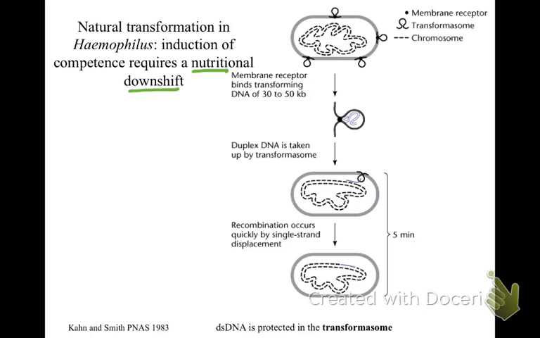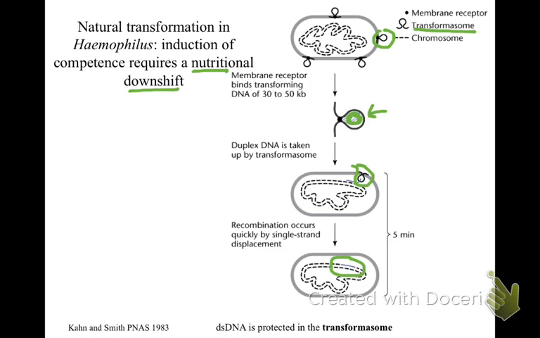In this case it's called the transformosome, and the DNA actually gets taken up into that transformosome, and then it invaginates into the cell. And what they've found is that when DNA is in this complex, it's actually protected from nuclease degradation. And then, as we've seen before, DNA will get into the cell from the transformosome, and it will be able to recombine.